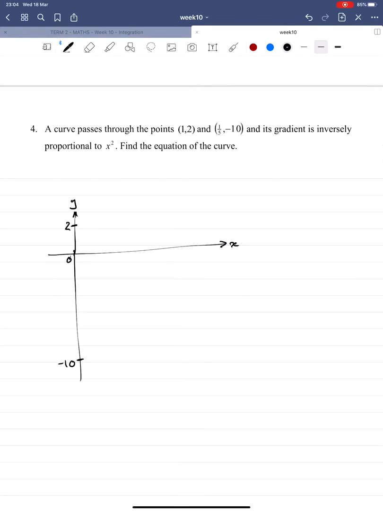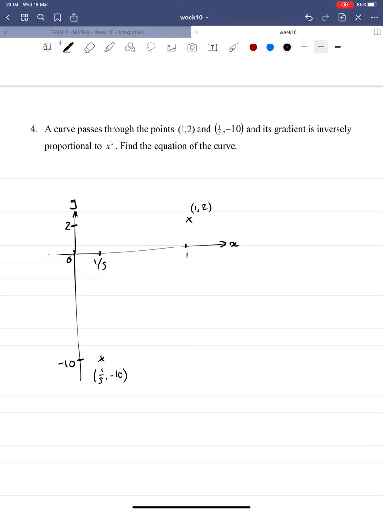And then our x values are at a fifth, and then about 5 times that is 1. Okay, so x is 1, y is 2, so that's the point 1, 2. And x is a fifth, y is minus 10, so that's about there. So these are our 2 points.